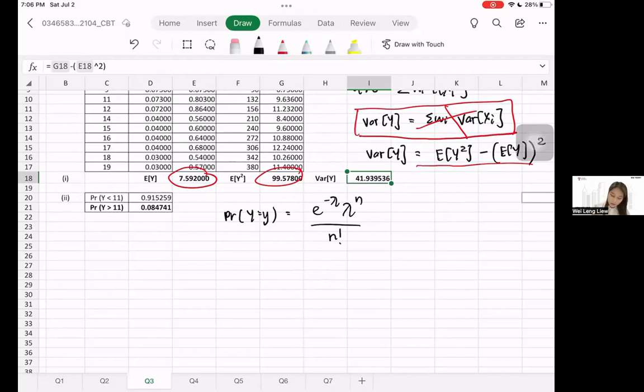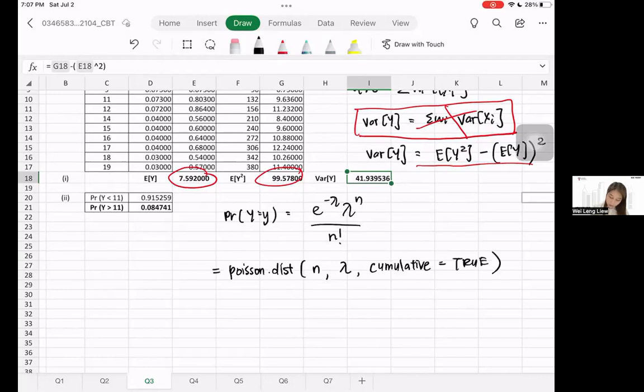So here, we are going to use the function in Excel called Poisson.dist. The parameters in this function are n, then your lambda, and then cumulative equals true.